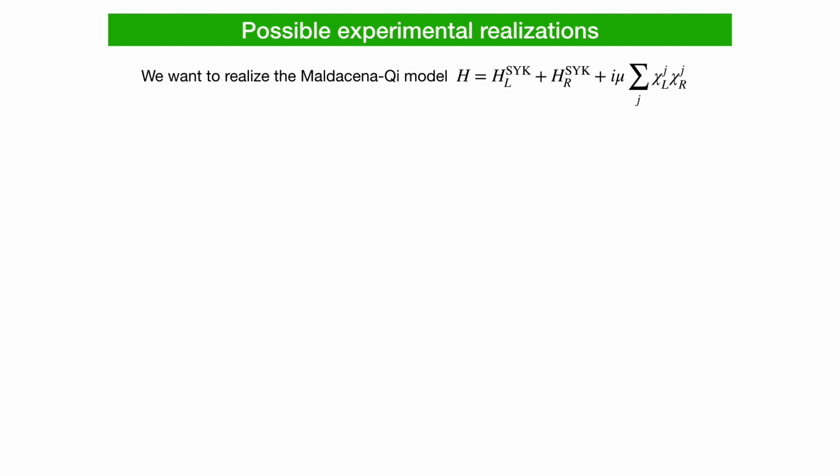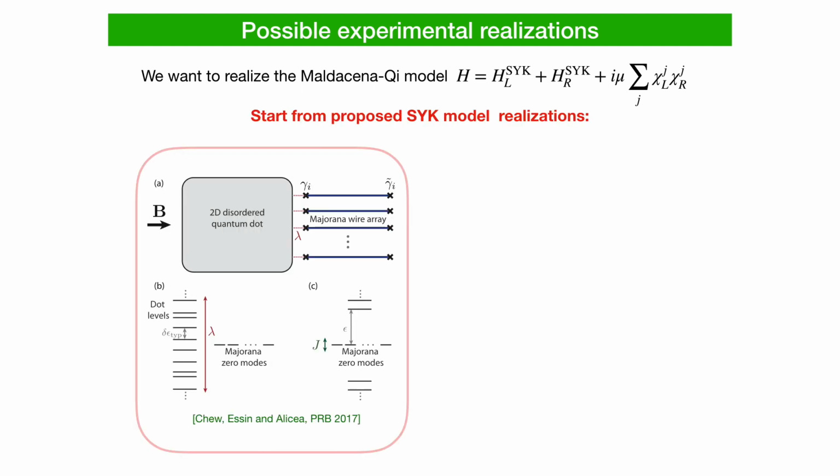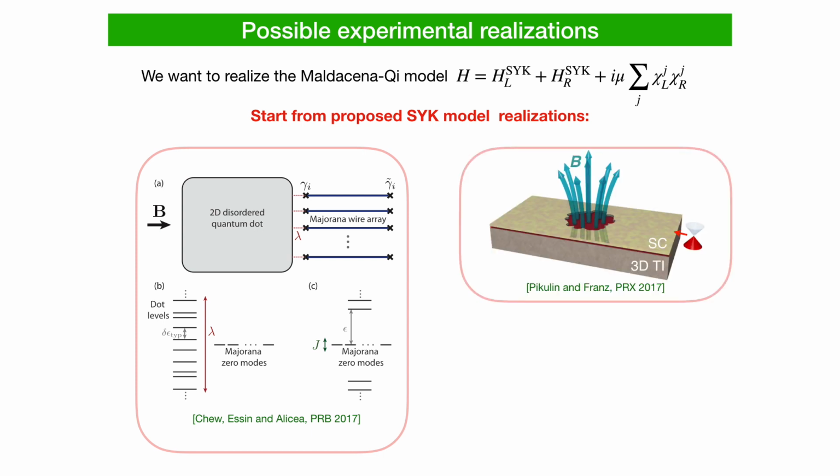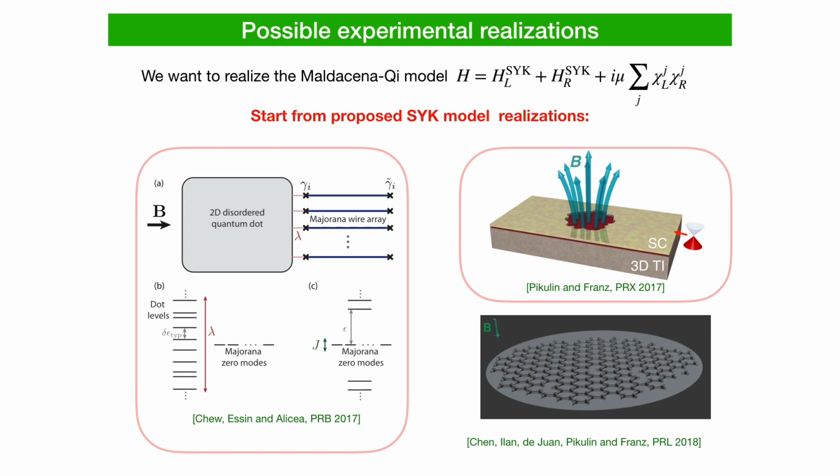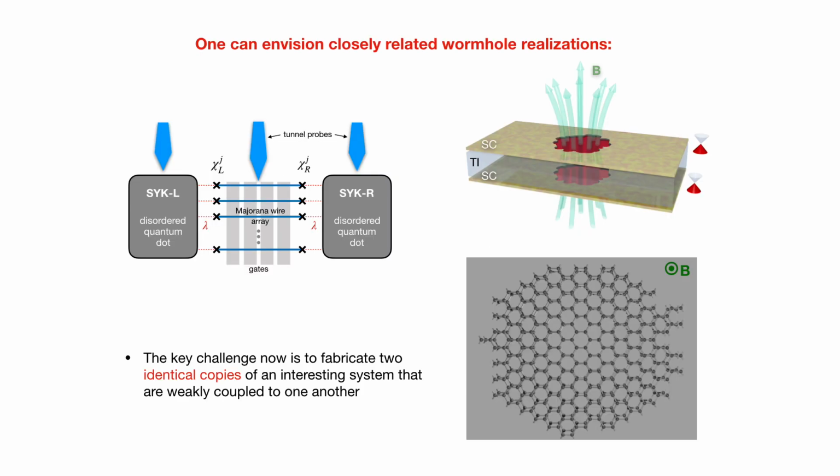So possible experimental realizations that we are starting to think about are basically doubling the proposed experimental realizations of a single black hole, so that if you have a single SYK, if you can make two of them and couple them, then that would basically realize this wormhole.